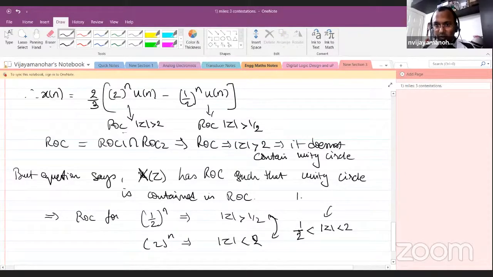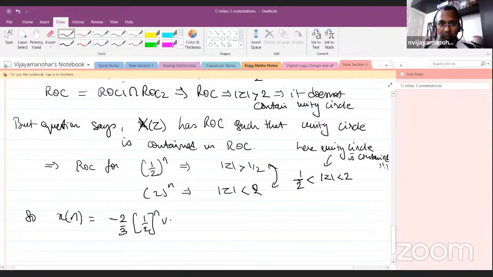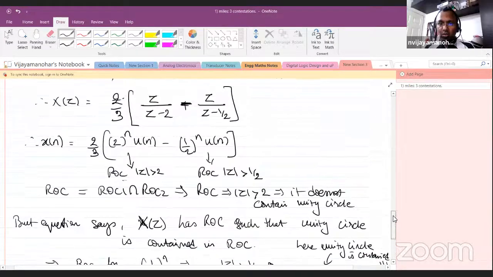So here the unity circle is contained. So x of n will look like minus 2 by 3 times 1 by 2 power n u of n. That is the way it will look for mod z greater than half. Then here it should look like plus 2 by 3 times minus a power n u of minus n minus 1. Then only the ROC will become less than.